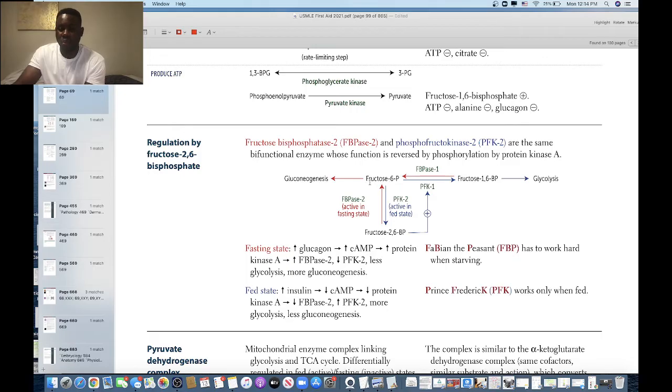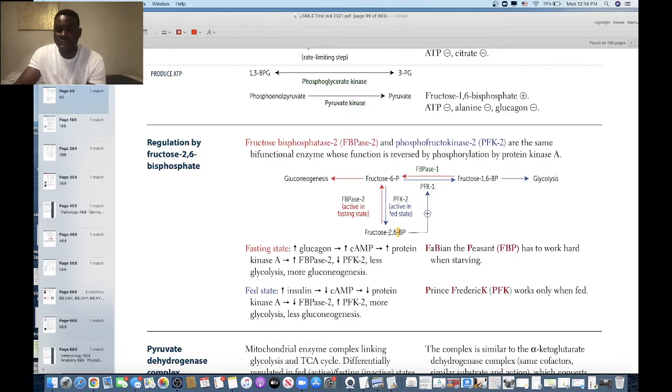What's the difference between these two? This one has only one phosphate on the 6th carbon, but here we are adding another phosphate on the 2nd carbon. That's why we call it bisphosphate. And the enzyme that does that is PFK2. So PFK2 causes this, right?